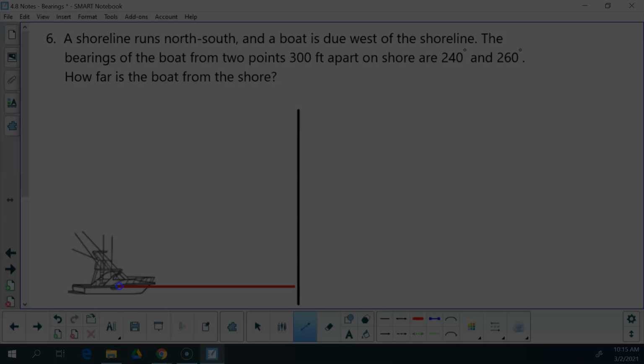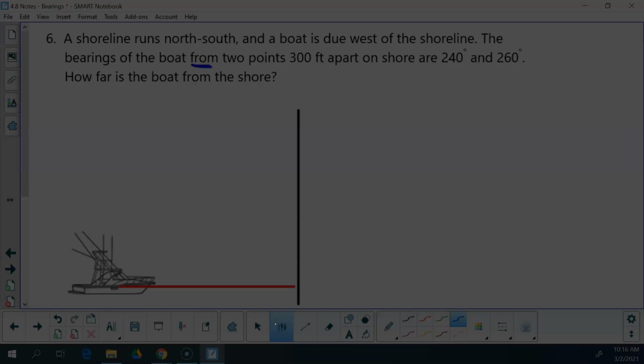The bearings of the boat from two points 300 feet apart on the shore are 240 and 260 degrees. How far is the boat from the shore?